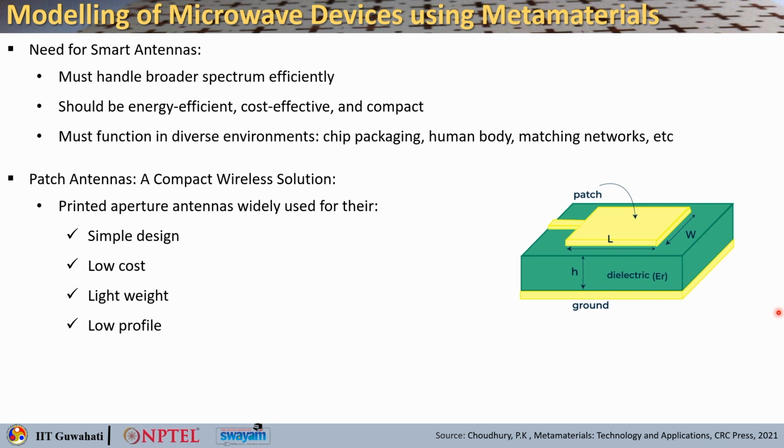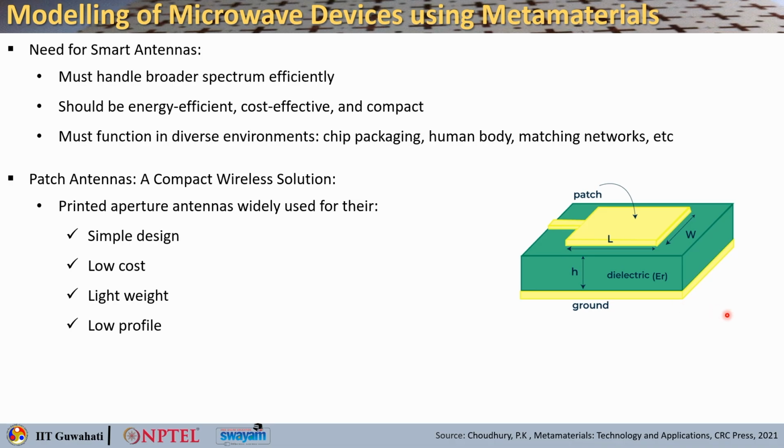Now it also comes with some disadvantages. The first would be narrow bandwidth. Typically these antennas have narrow bandwidth, meaning that they operate well for a specific frequency band only. The gain is another factor.